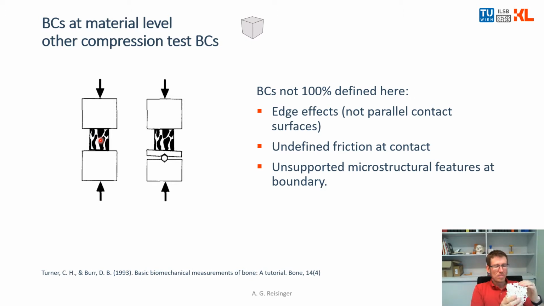Depending on the stiffness of those struts, the sample is not loaded homogeneously. Maybe the struts on that side are very soft and the struts on that side are very stiff. Then most of the load is introduced here and goes maybe like this in a cone downward. And this is also not an even distribution of stress.